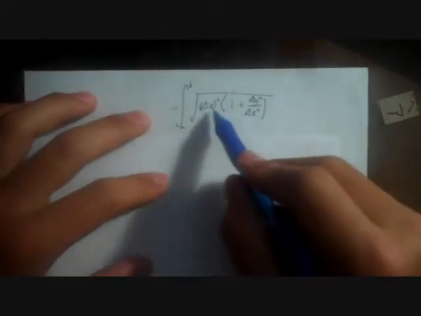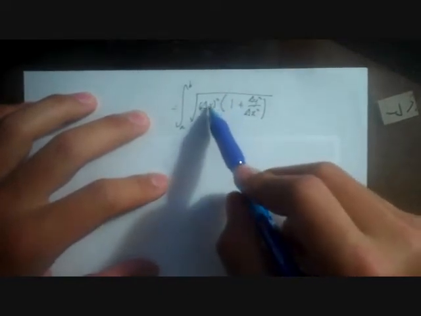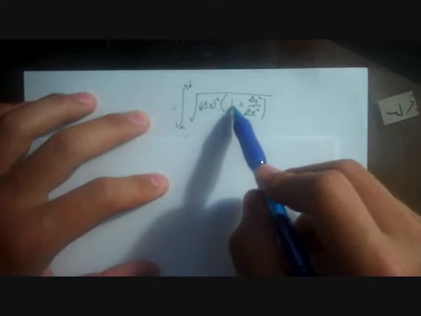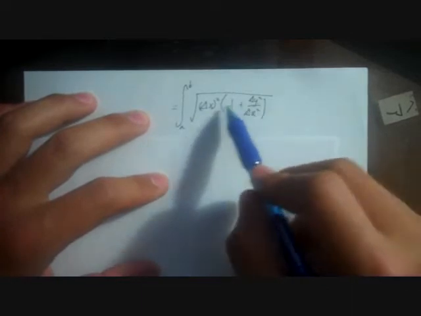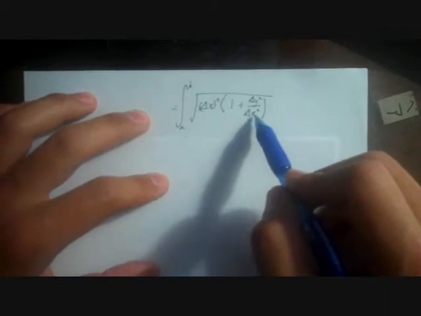The first step we'll take is to factor delta x squared out. So delta x squared divided by delta x squared, well, that's 1. And delta y squared divided by delta x squared is delta y squared over delta x squared.